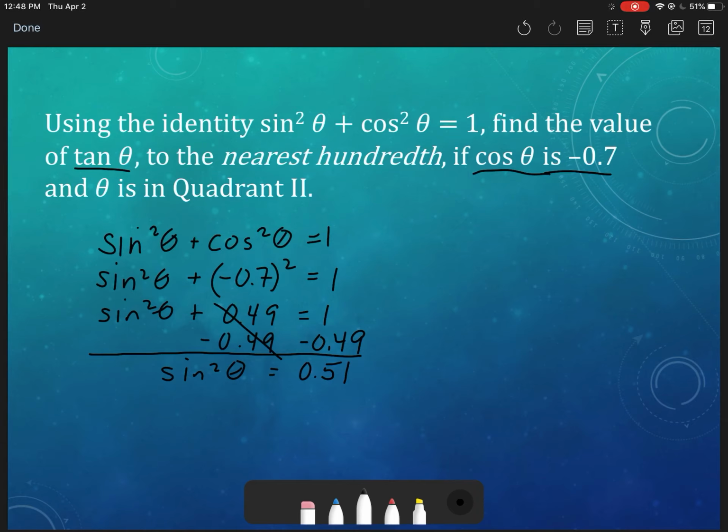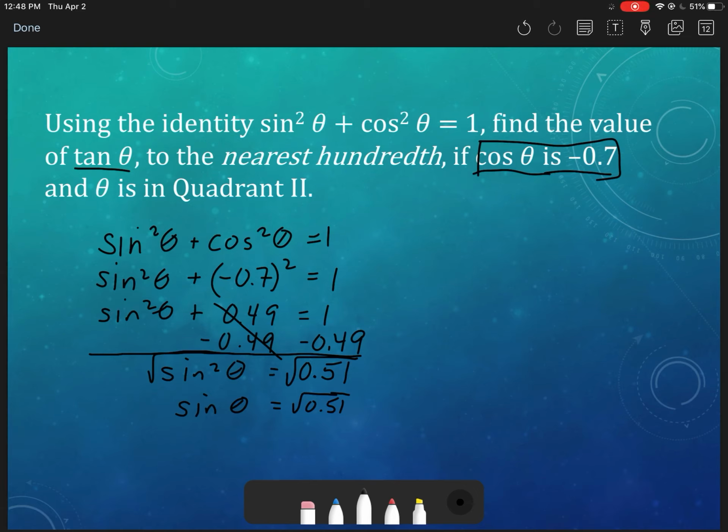Because we also have this little tidbit of information up here too. Okay, sine squared theta equals 0.51. We're going to take the square root of both sides because we want just the sine of theta. All right, and that is the square root of 0.51. We're going to leave that there for now.